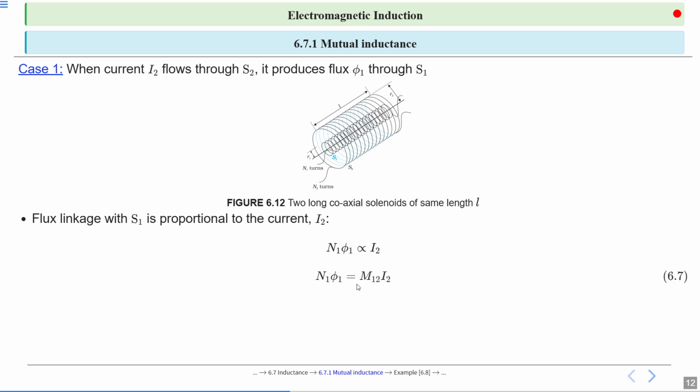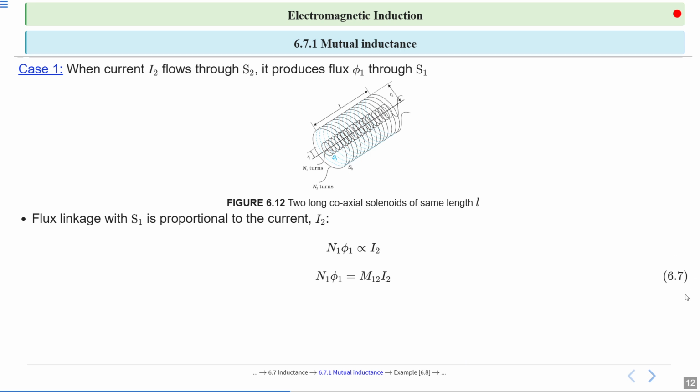So N1 phi 1 will be equal to M12 I2. After removing the proportionality sign, there will be some constant. In the generalized expression, the constant was L, that was inductance. But in case of mutual induction, the constant of proportionality will be mutual inductance. So that M12 is mutual inductance.